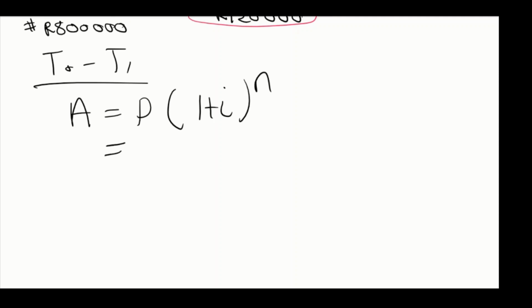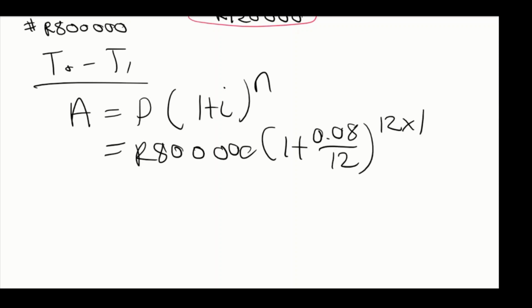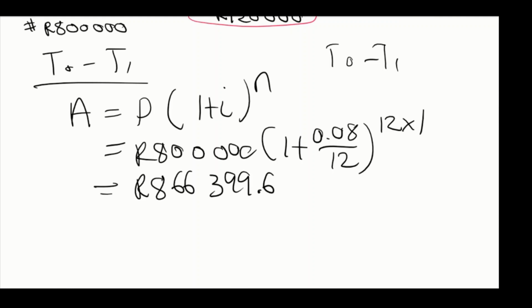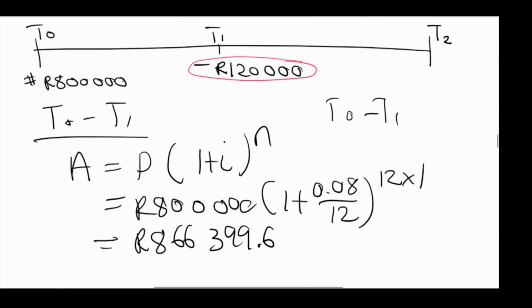The initial investment is 800,000 into 1 plus the interest rate of 0.08 divided by 12, compounded monthly, to the power 12 times 1, because t0 to t1 is 1 year. Then the amount we're going to get is 866,399.6.